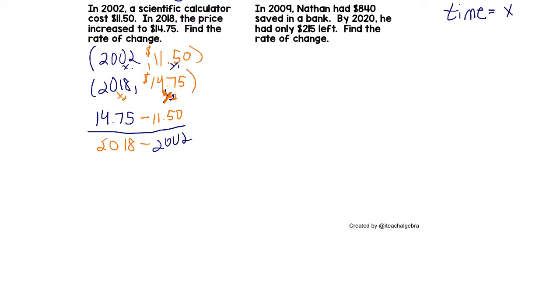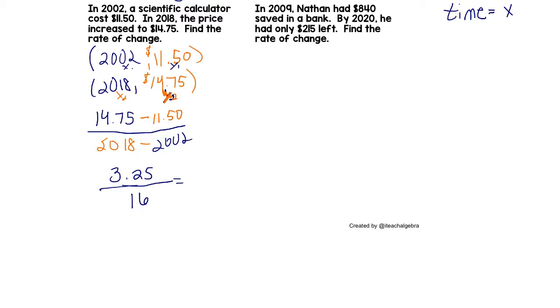So let's simplify on the top. 14.75 minus 11.50 is going to give us $3.25. And that's divided by 2018 minus 2002 is 16 years. So that rate of change is going to be $3.25 divided by 16.